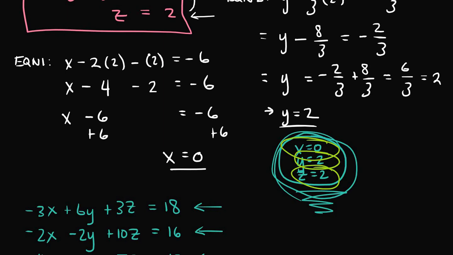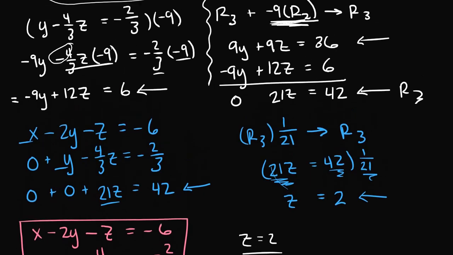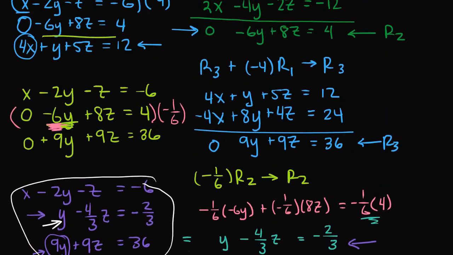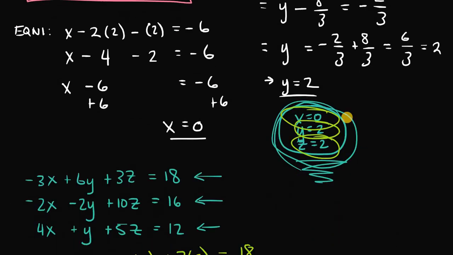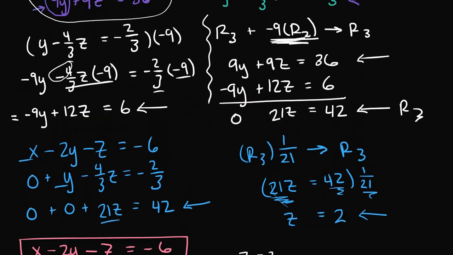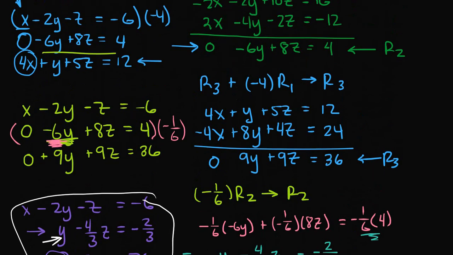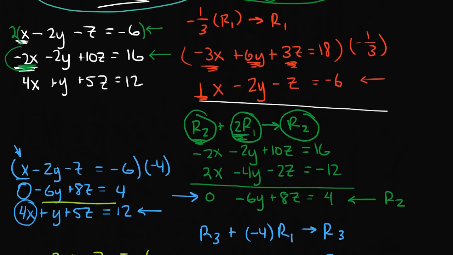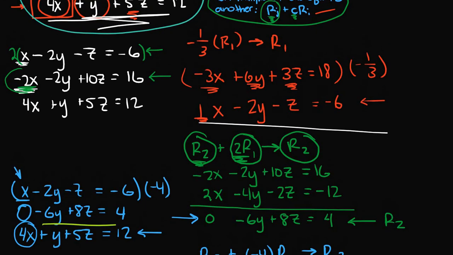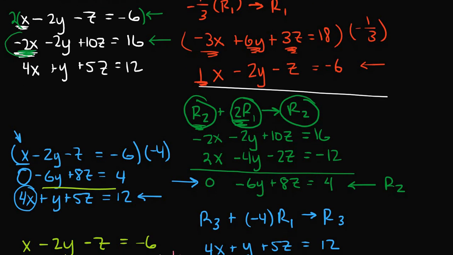And finally, there's one more thing about this solution set. Since we used elementary row operations on all of these equivalent systems of linear equations, you can actually plug in this solution set into any one of these systems. So if you're bored one day and you really didn't have anything else to do, you can plug them into each one of these systems and see if all the equations in each of these systems are satisfied.